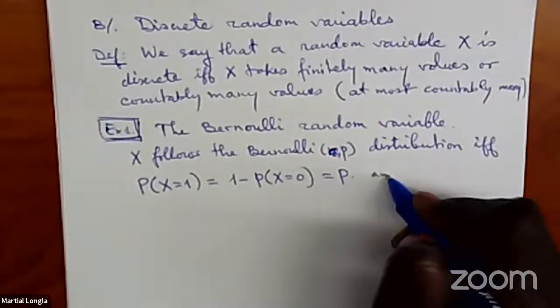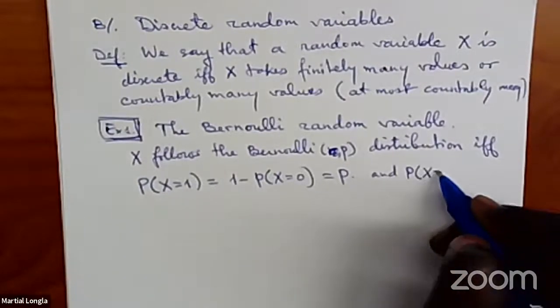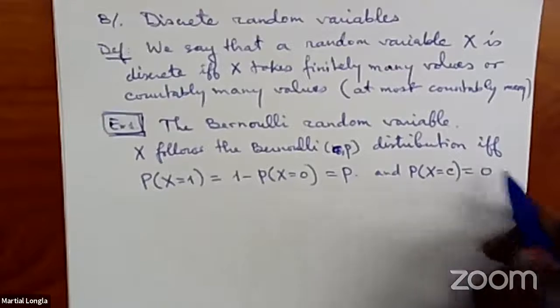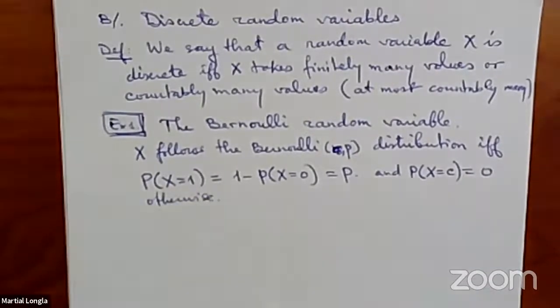And the probability that X equals c equals 0 otherwise. So anywhere else, the value of the probability is 0, except for 2 points, 0 and 1. Usually 1 is assigned to what we call success, and 0 is assigned to failure.